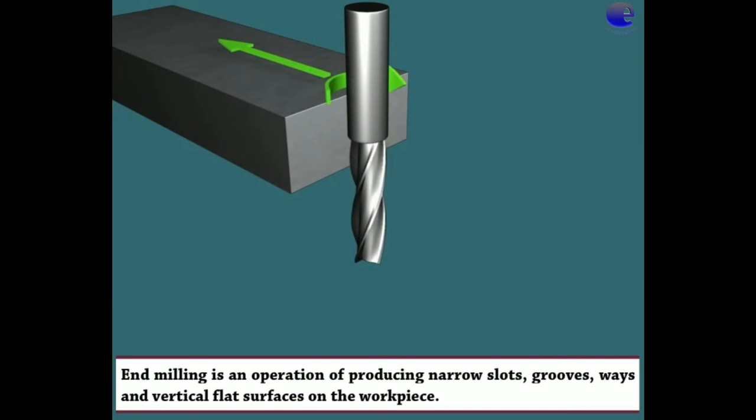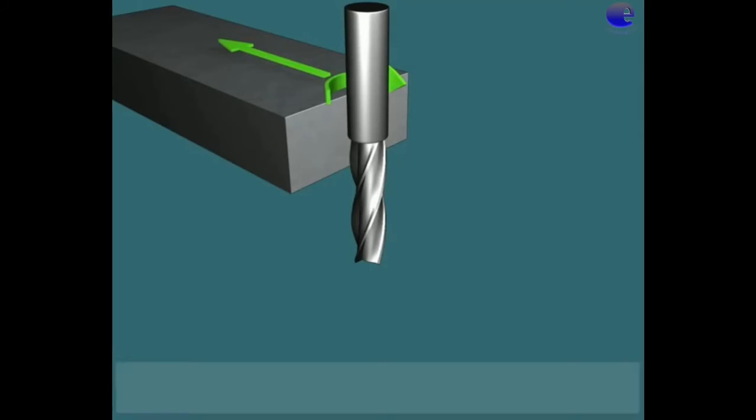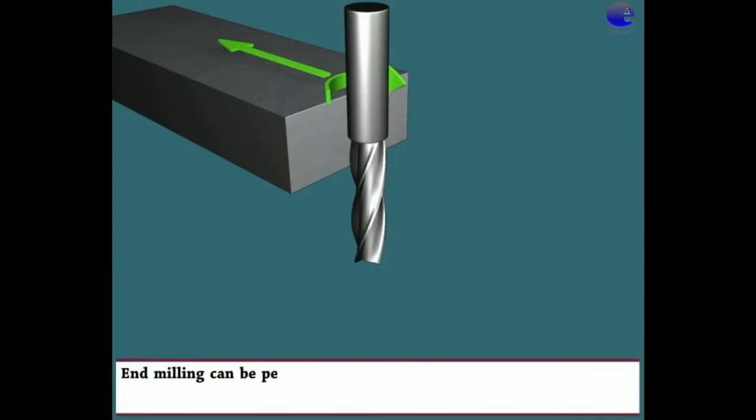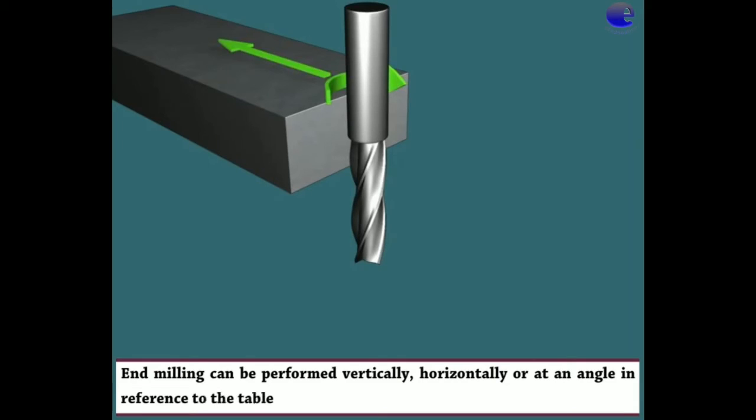It is a very important operation in mechanical engineering. End milling can be performed vertically, horizontally or at an angle in reference to the table.